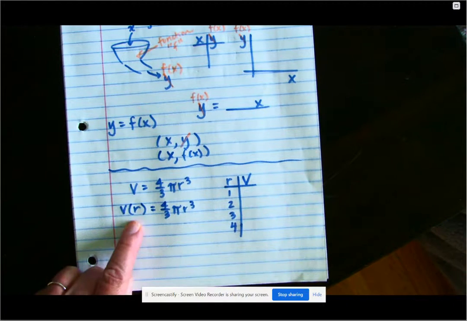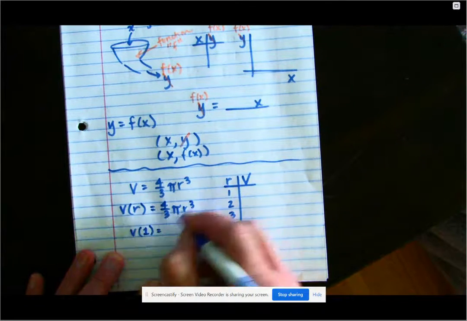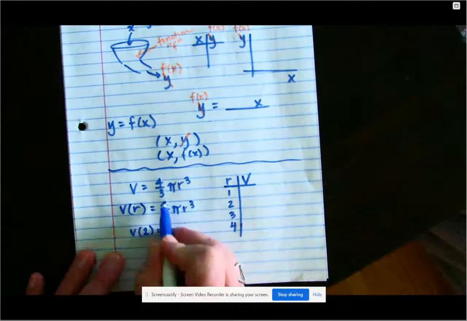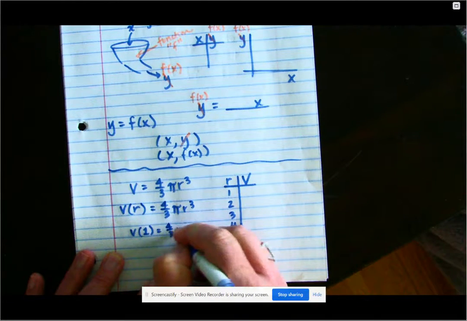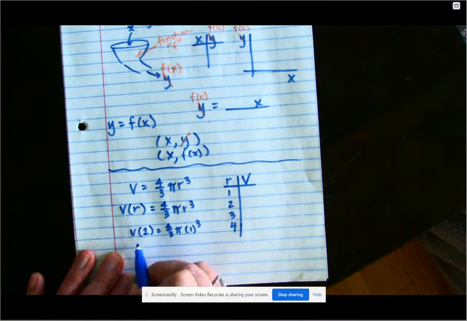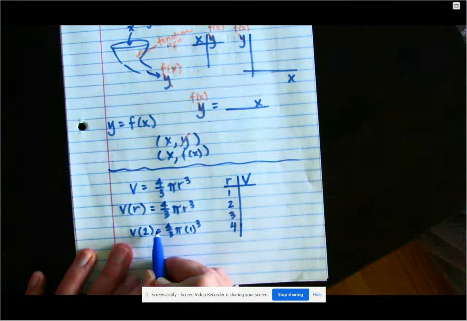If you were asking what the volume V of 1 is, you are asking what is the volume when we have a radius of 1. So you can plug it in and actually calculate it, and you would get V of 1 equals a number. You can see what numbers you're plugging in, instead of just y equals an answer.